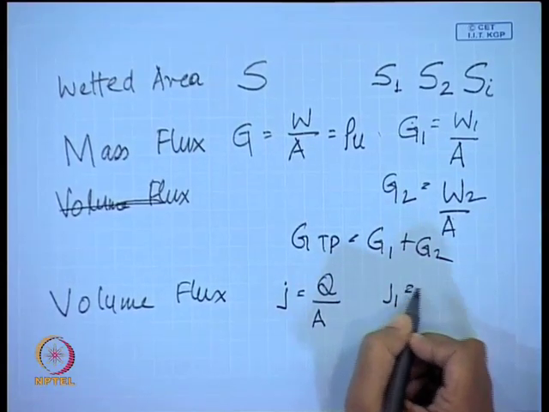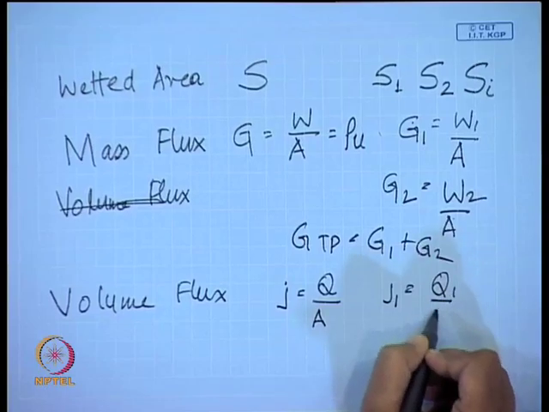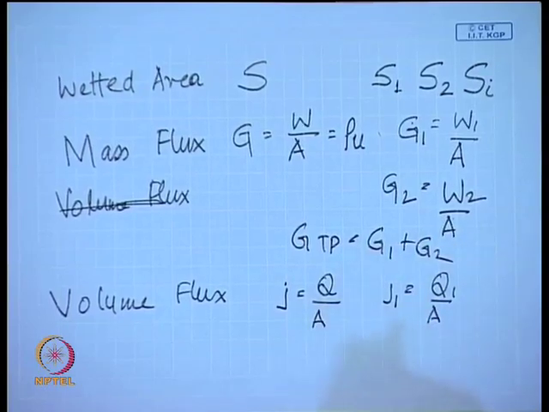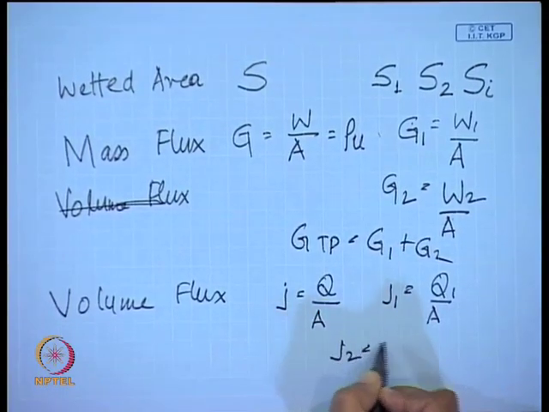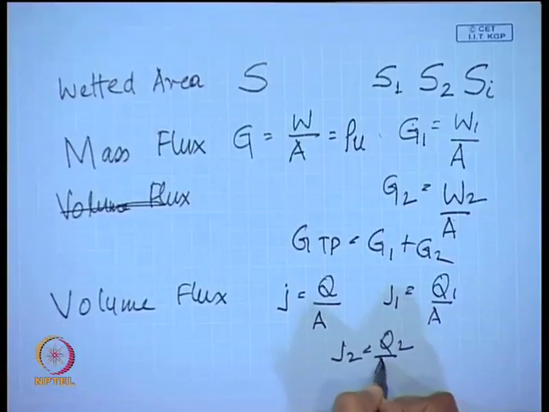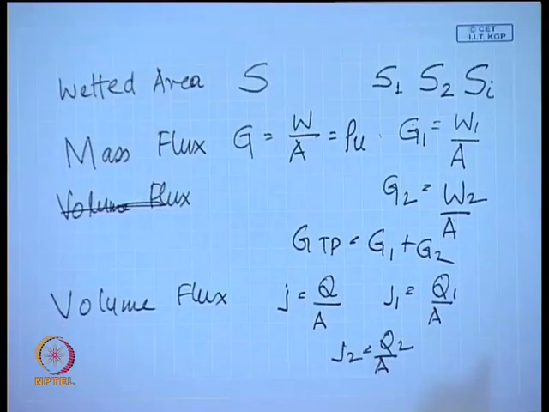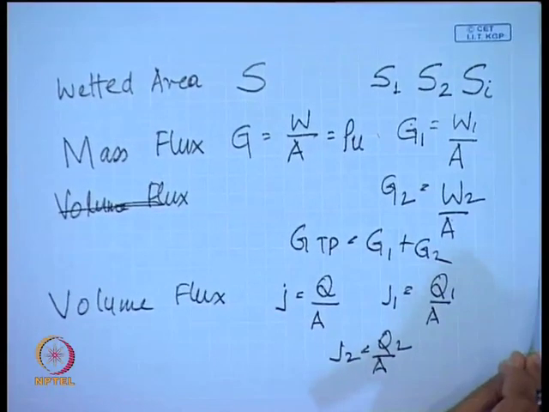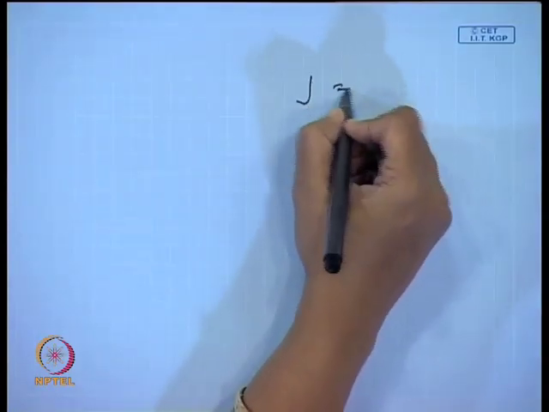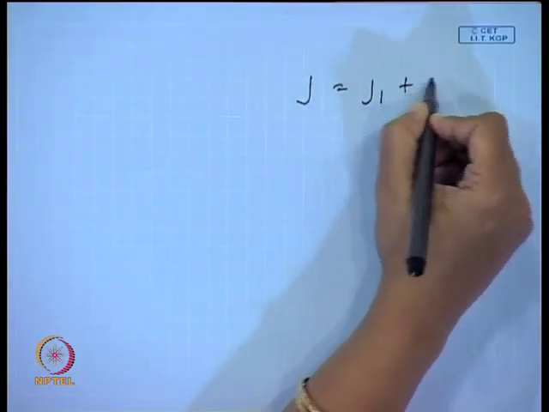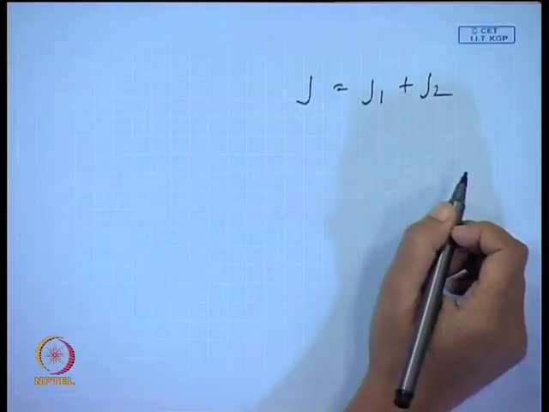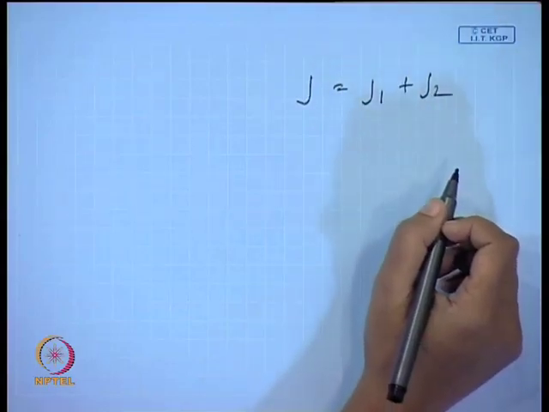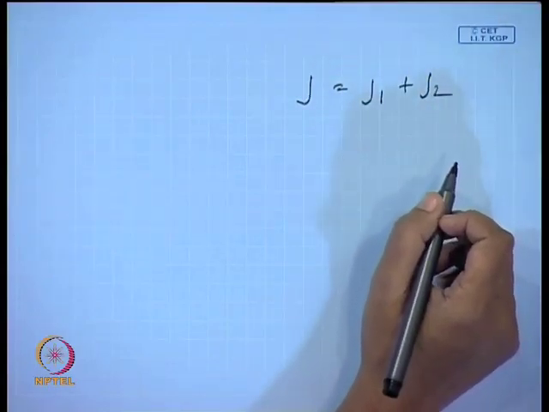Accordingly, here we will have J1 as Q1 by A, J2 as Q2 by A, and then we will have J which is equal to J1 plus J2. Agreed all of you? So this we are going to have.